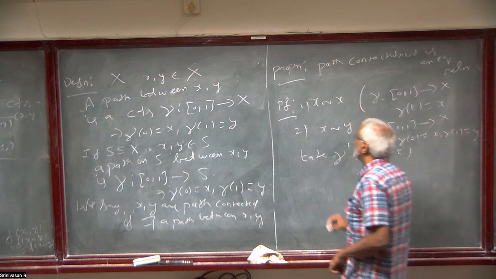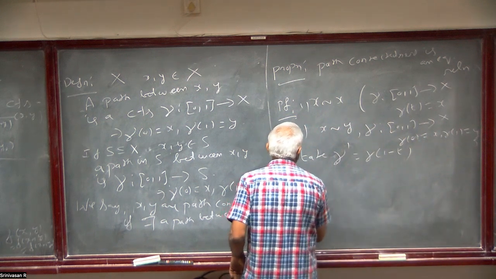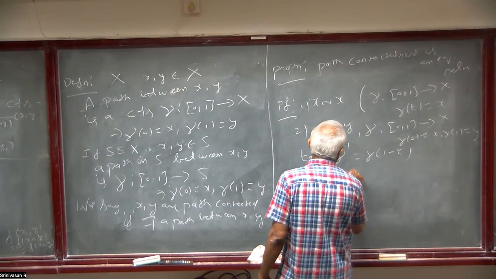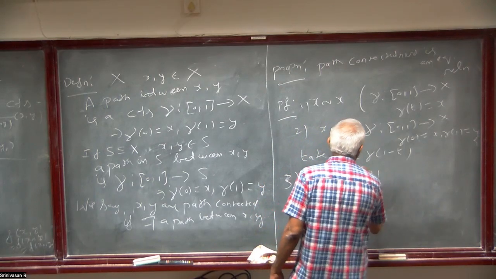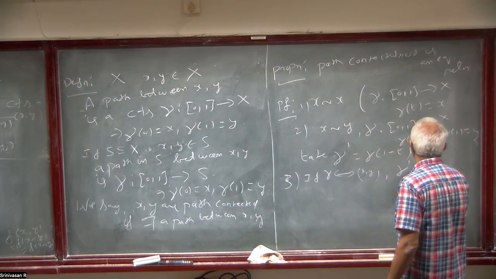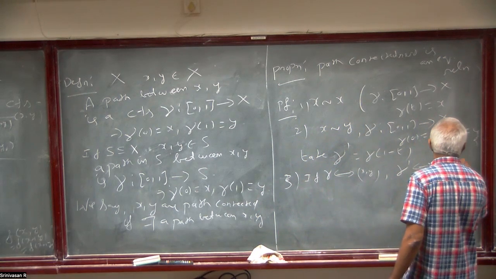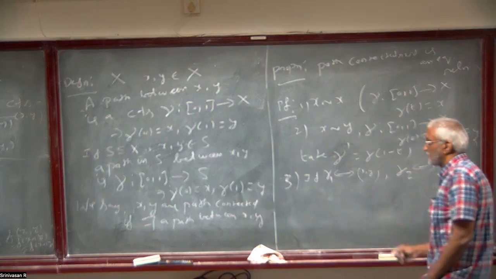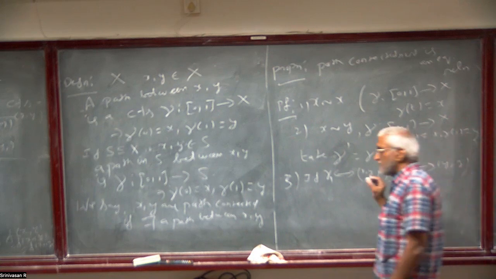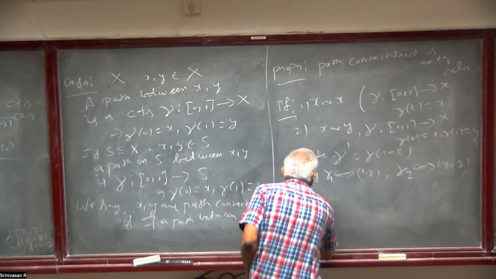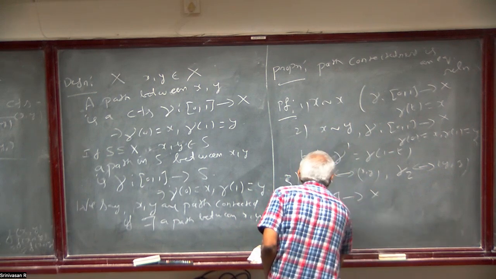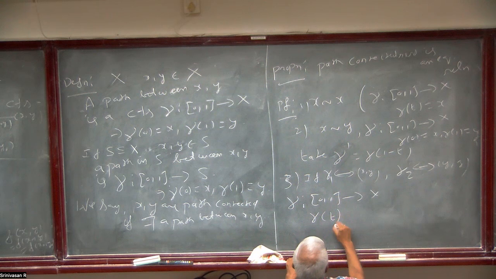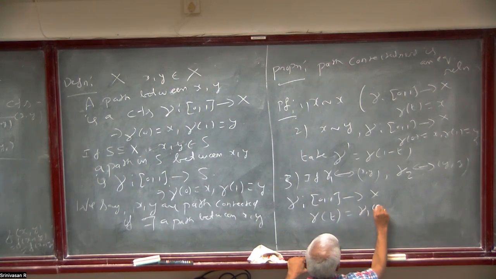So the third one: if gamma 1 is a path between X and Y, and gamma 2 is a path between Y and Z, then you define gamma from [0,1] by gamma of t equal to gamma 1 of 2t.